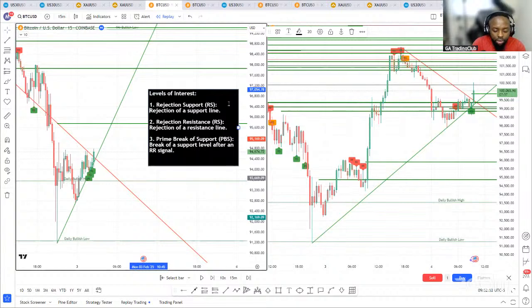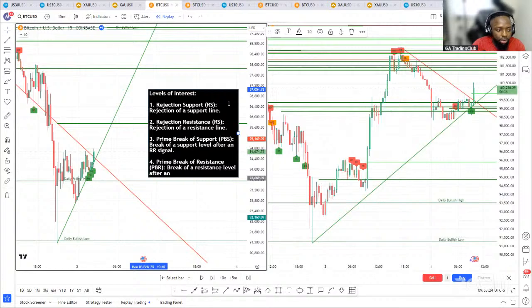And then you have prime break of resistance, or PBR. This is a break of a resistance line or resistance level after an RS signal.